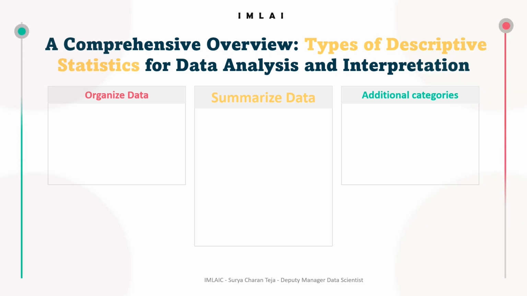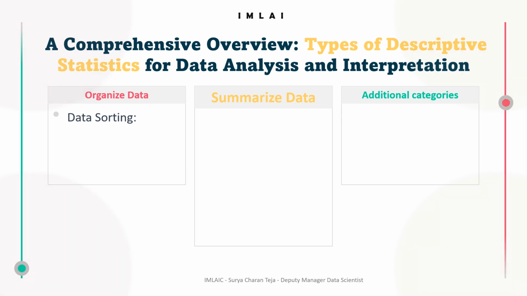So now let's look into the organized data first. In organized data, the first tool is data sorting, as we have discussed. This categorization is based on the functionality of the tool. So, what is data sorting? It's a kind of organization. That's why we put that tool into the organized data.